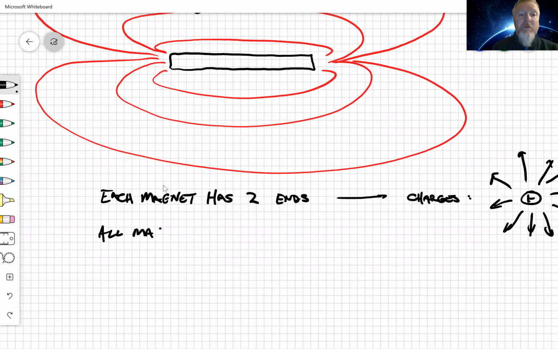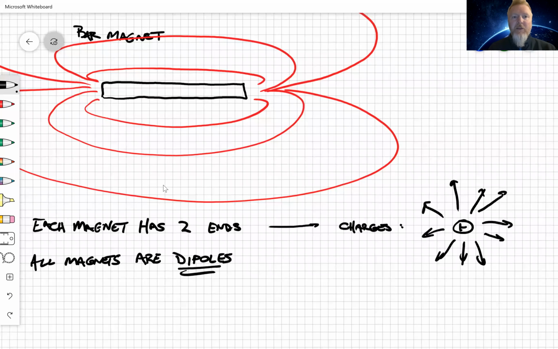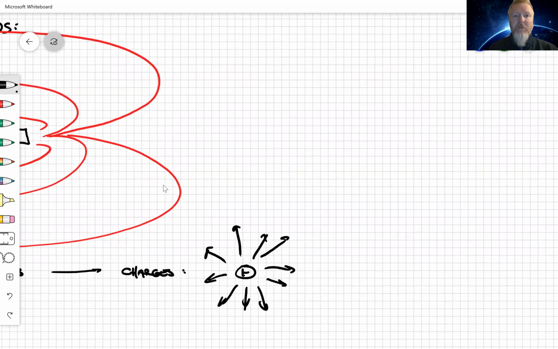Now, this is exactly what Earth's field looks like, at least to a first approximation. All magnets are dipoles, to a first approximation. So if we take a look at this field here and I say, okay, what does Earth's field look like?